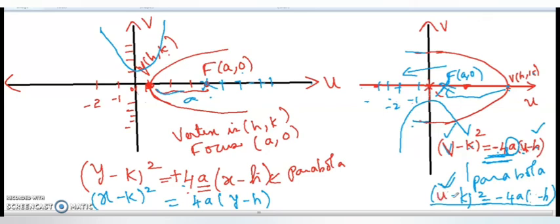Here it is u minus x whole square, and this is v minus h. Whenever we take the z plane, let us change this also.